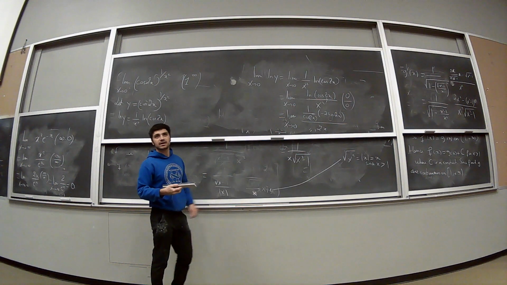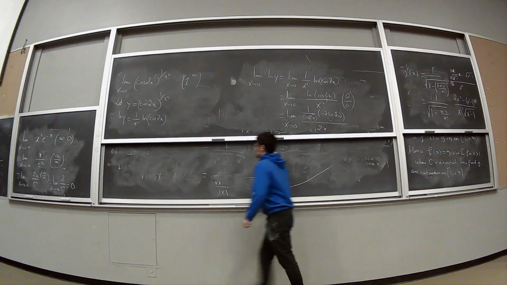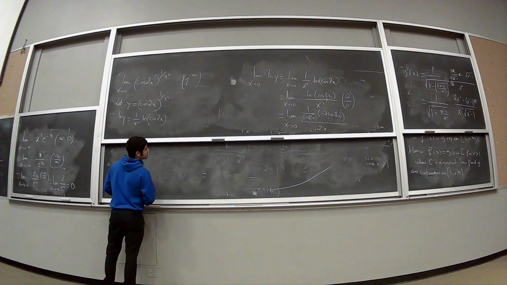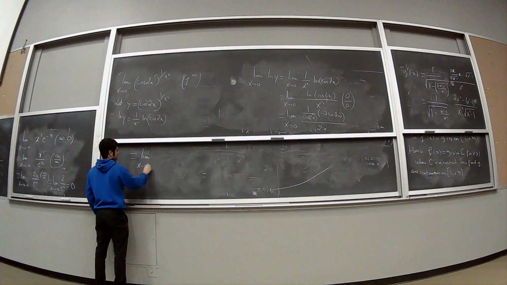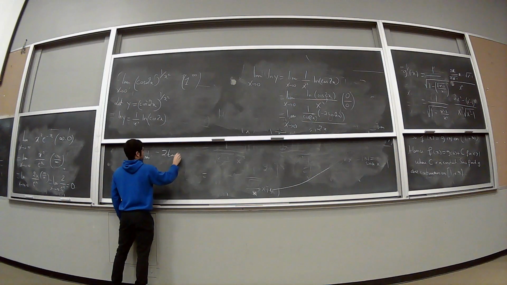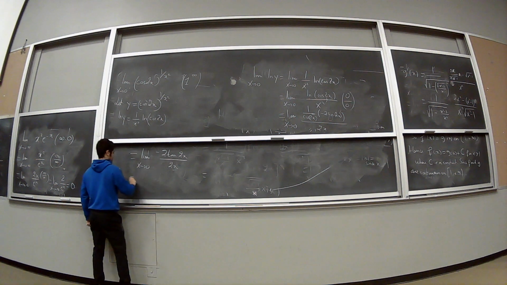Doing it with L'Hopital is fine. It's not going to be any harder, so I'll do it with L'Hopital, although you don't need that. So this is just the limit as x goes to 0 of minus 2 tan 2x over 2x.